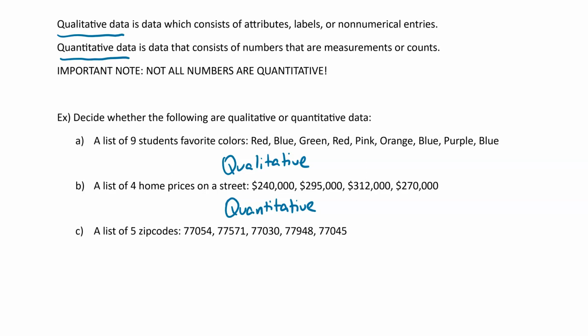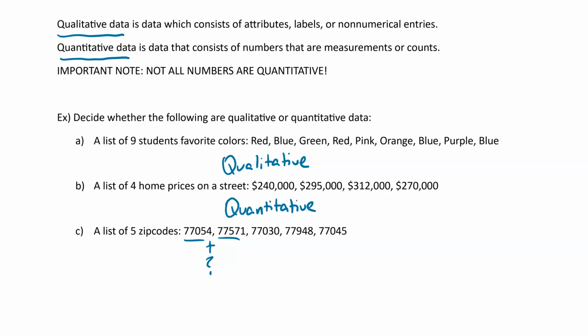Lastly, a list of 5 zip codes. Now, this is one of those cases where, yes, zip codes are numbers, but if we took a couple of these zip codes and added them together, would we actually get something that's a zip code or anything that means anything? No, these numbers are just there to represent areas.